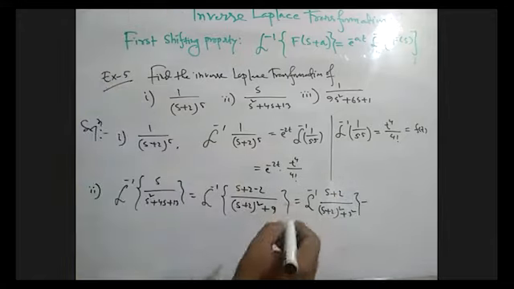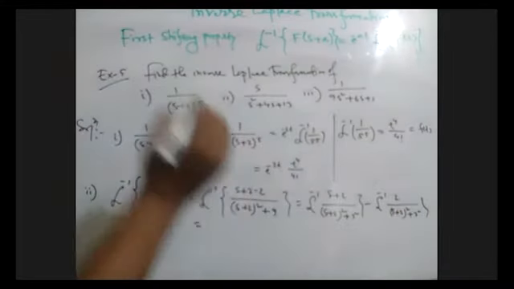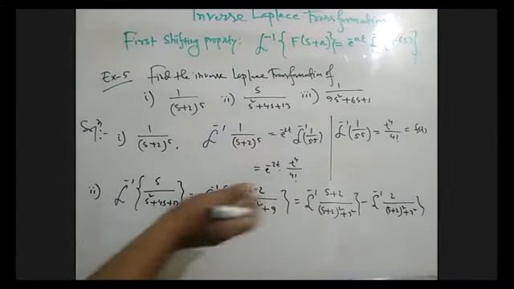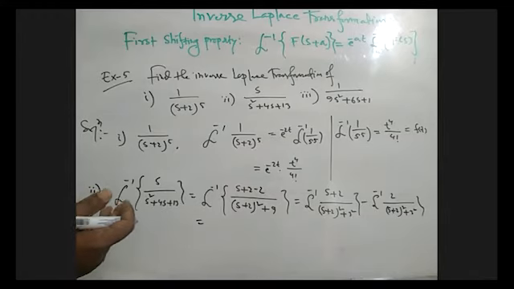Another one: the inverse Laplace transformation of 2 divided by s plus 2 whole square plus 3 whole square. Using the linear property we can write this.